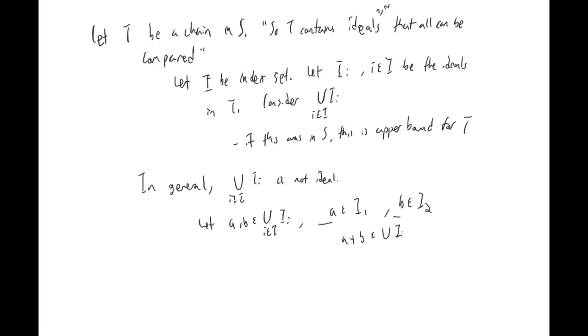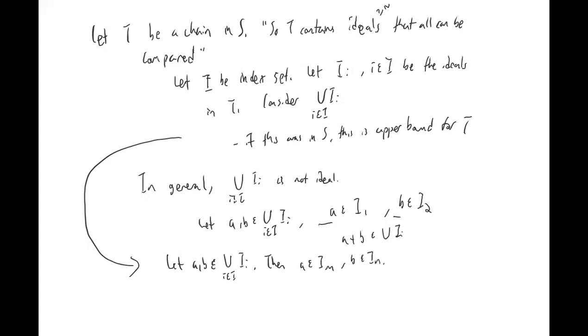But what saves us is that we have a chain. Everything can be compared. So in general this doesn't work, but let's do the proof that it's an ideal in our situation. Let A, B be in the union. Then A is in I_m for some m and B is in I_n. Since this is a chain, they have to be comparable.